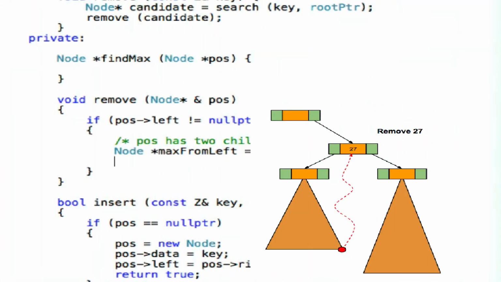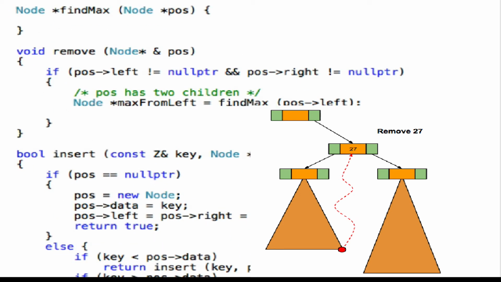Let me put the picture to my right side. And remember, in coming to this remove method, we know there's an alias pos pointing to that node. So make sure you understand that picture. The green box pos is the pos that you see here.